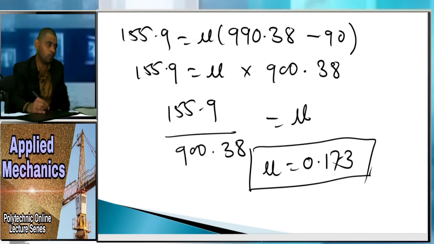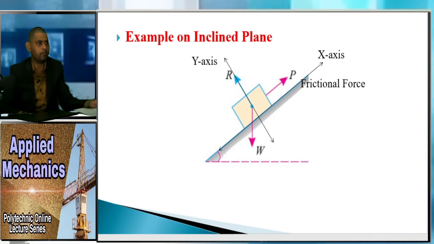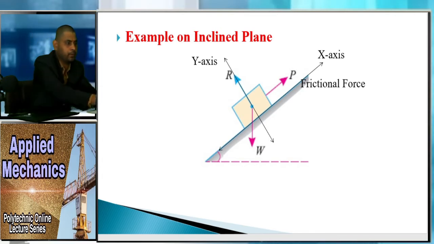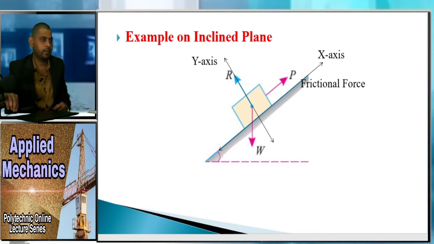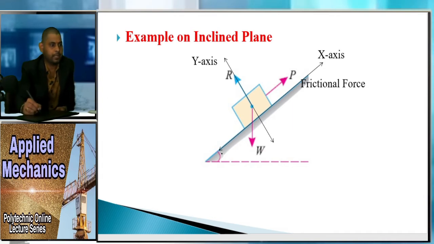So now let's see one more type, an example on an inclined plane. For an inclined plane, the body is on an inclined plane with some angle theta.